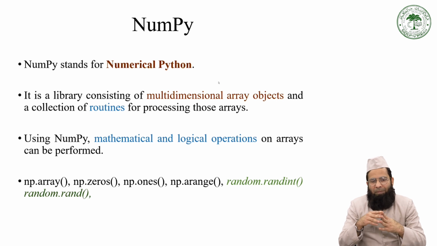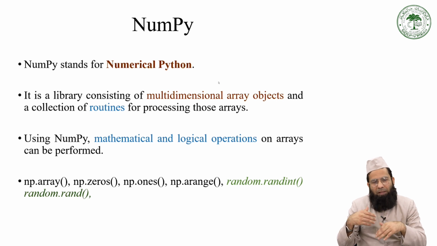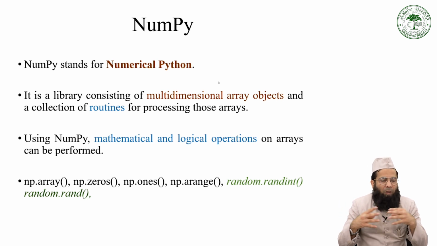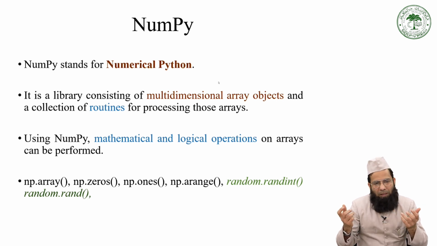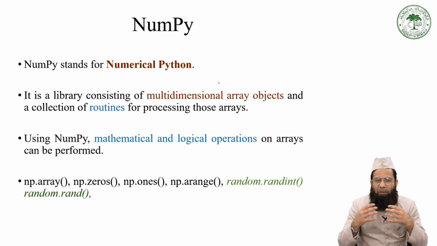Using Numpy, mathematical and logical operations on arrays can be performed very efficiently. Let's say I want to perform the transpose of a matrix, or multiply two matrices, or add two matrices. I can directly, using a single statement, calculate matrix multiplication, matrix addition, and so on.